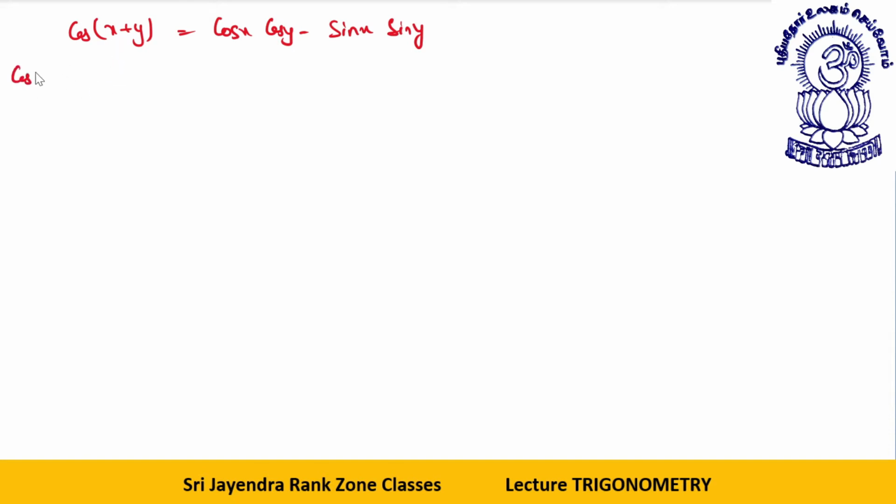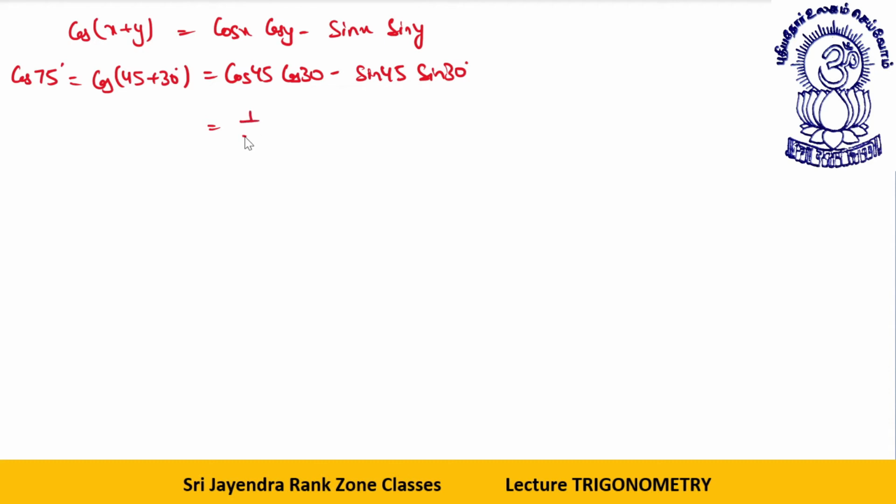Let's suppose I need to find cos 75 degree. Cos 75 will be what? Cos 45 plus 30. That will be cos 45 cos 30 minus sin 45 sin 30.